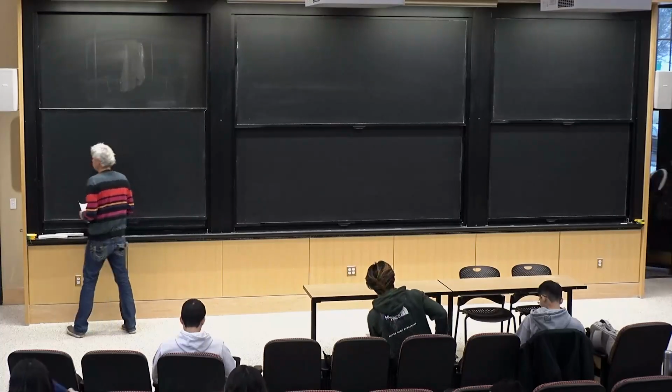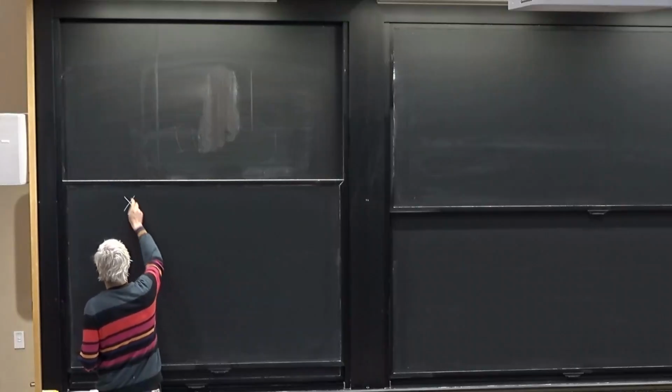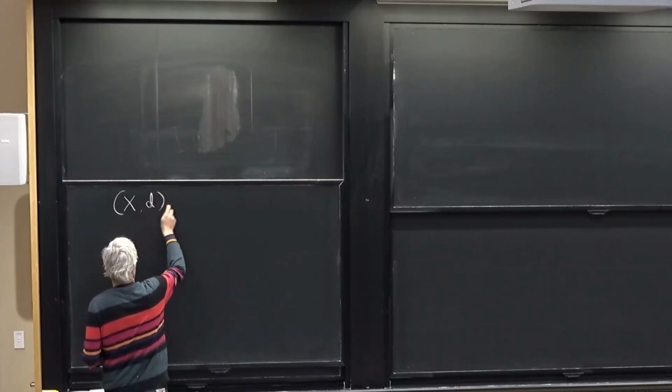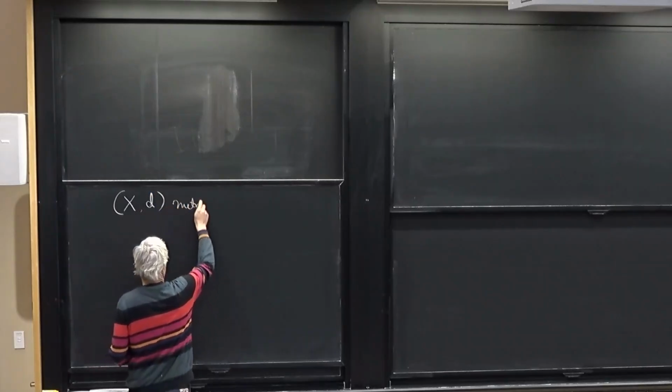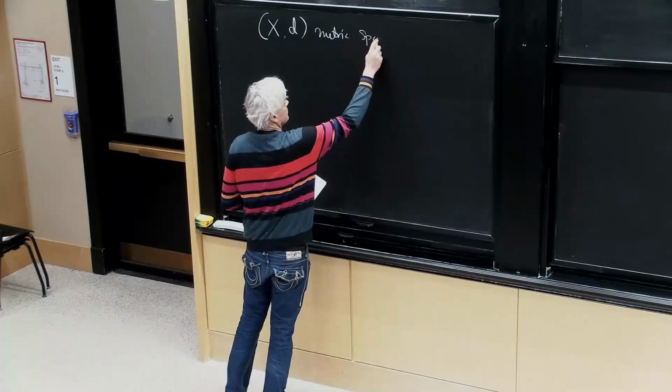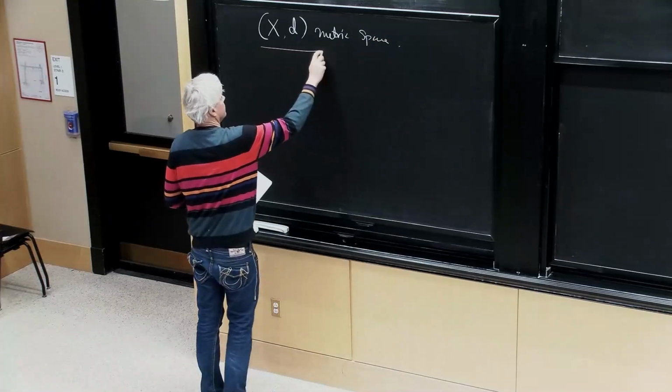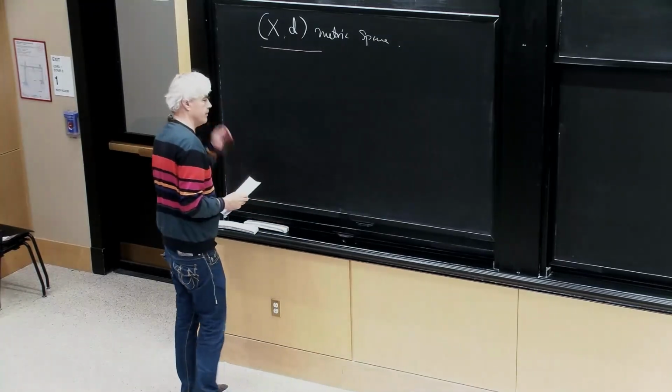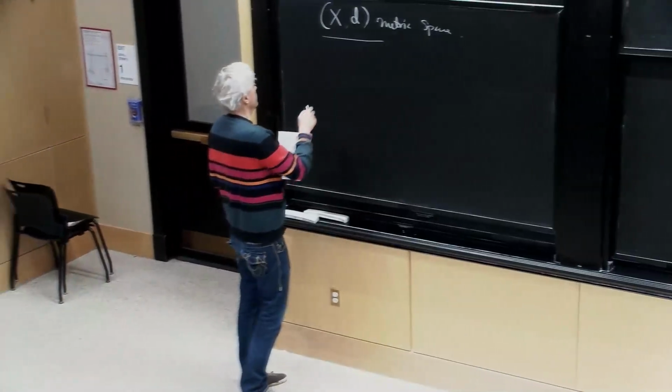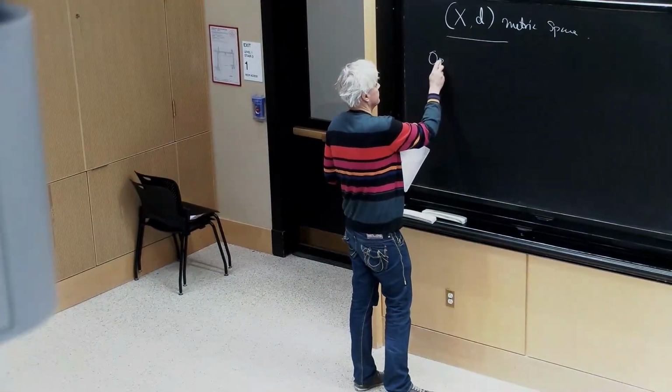Okay, so last time we were looking at a metric space. And we looked at what we called open subsets.